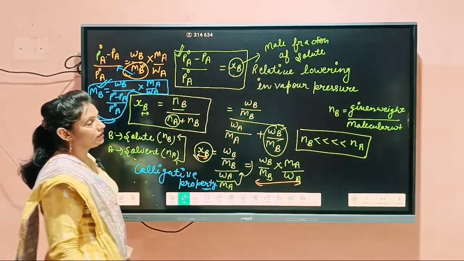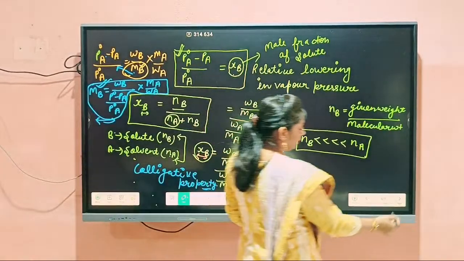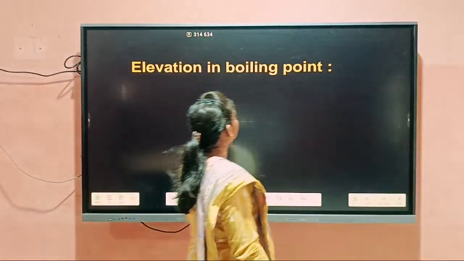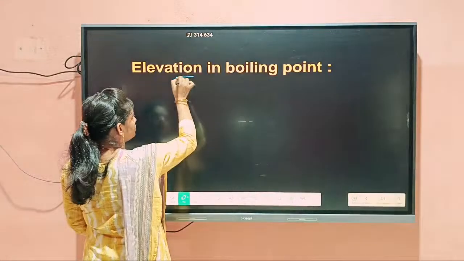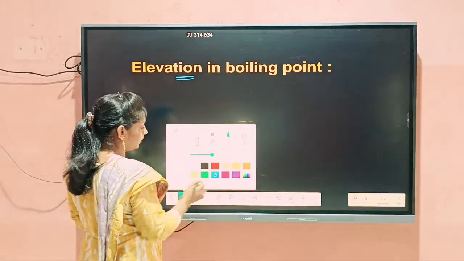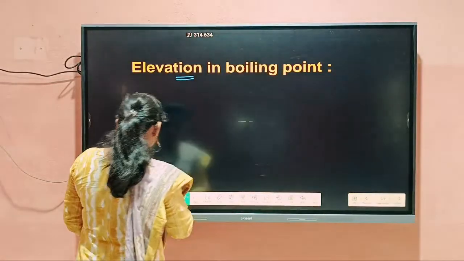And our next colligative property is elevation in boiling point. Students, first of all, we should know what boiling point is.